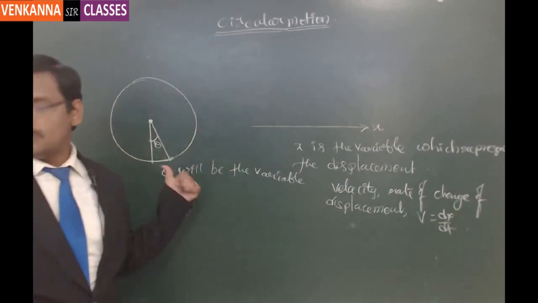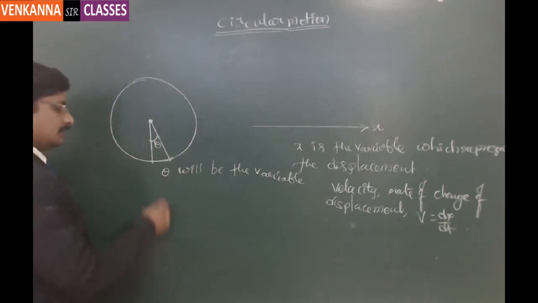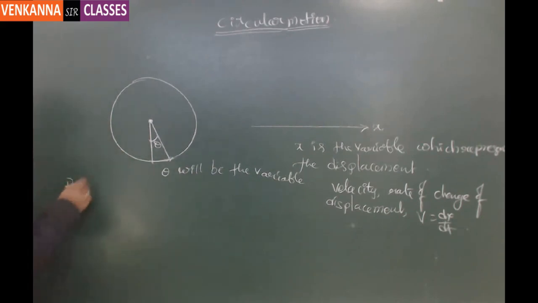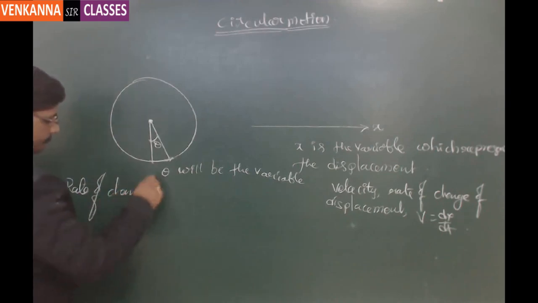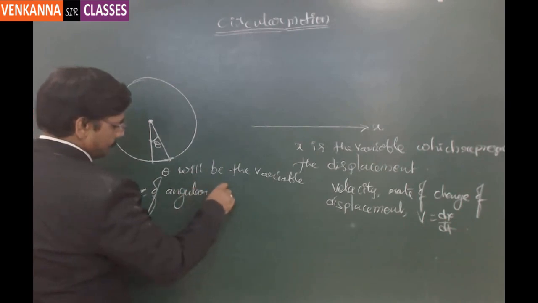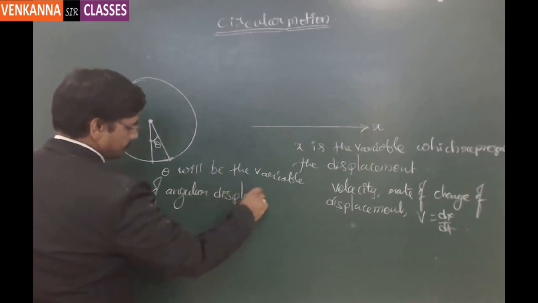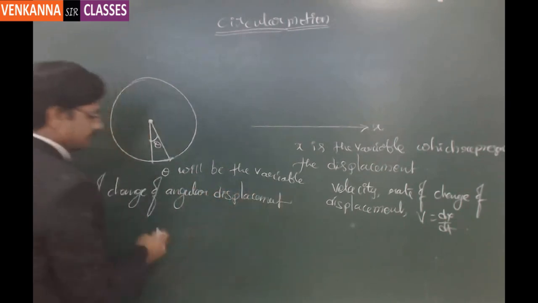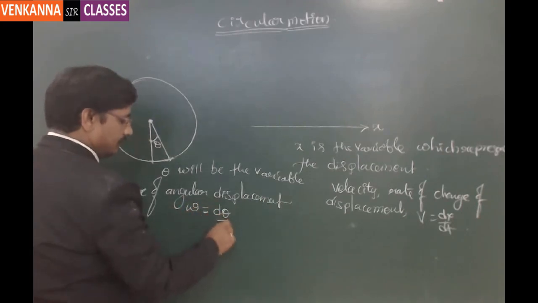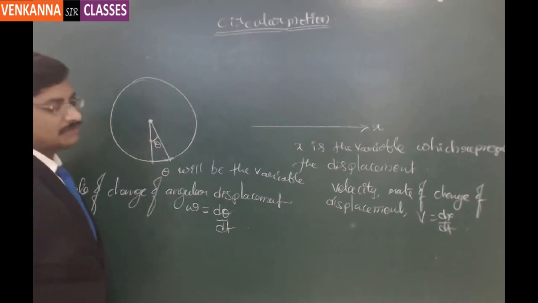In the similar manner, we define the rate of change of angular displacement, which is represented by omega is equal to d theta by dt. So this is the angular velocity.